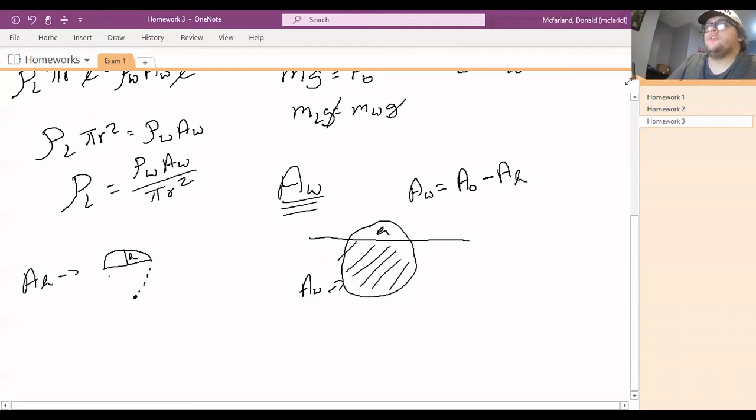I'm going to draw in these lines here. These lines are the radius. If we draw the center here, and we draw the lines here, this is what the lines are: the R connecting the two points where the log meets the water.